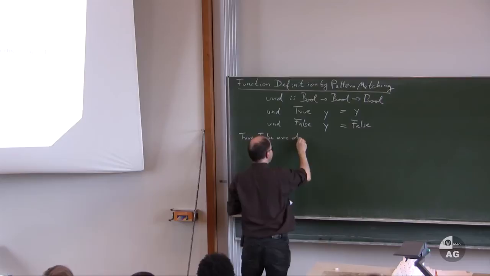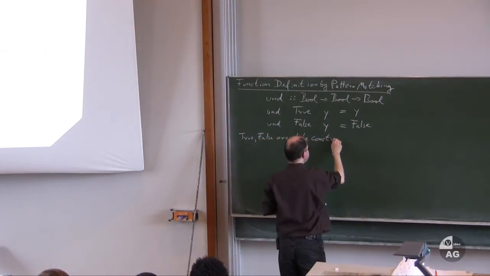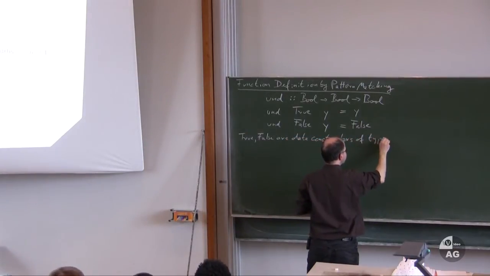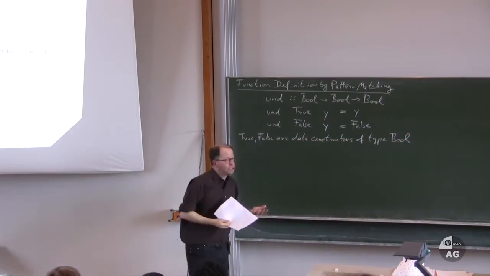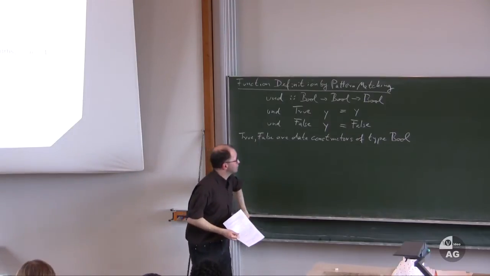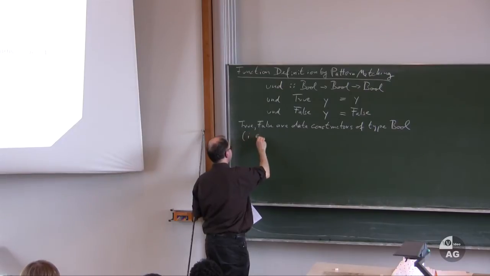So true and false are the so-called data constructors of the data type bool. Data constructor means that every object of this data type can be constructed from these two functions.